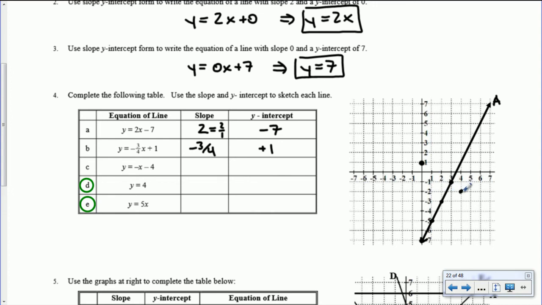So that'll be the next point, and then I go down 3 again, and right 1, 2, 3, 4. So that'll be kind of around there. I can just make a few more points by going left 4 and up 3 in the other direction. And then I go left 4, up 3, so it'll be kind of around there.